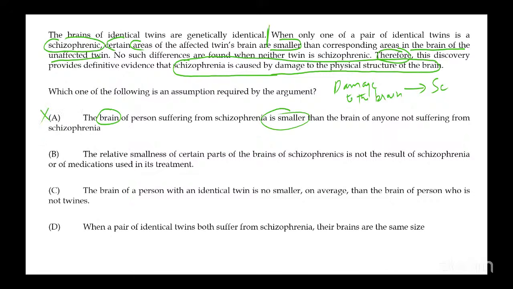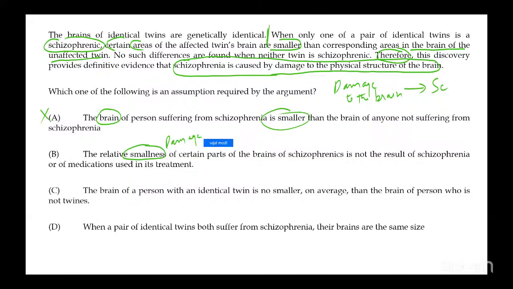B, the relative smallness of certain parts of the brain of schizophrenics is not the result of schizophrenia or of medications used in its treatment. Okay, so smallness is like damage. Smallness is equated to damage.